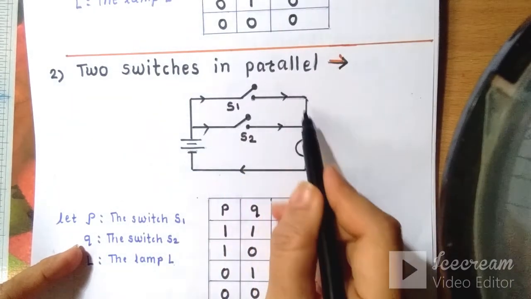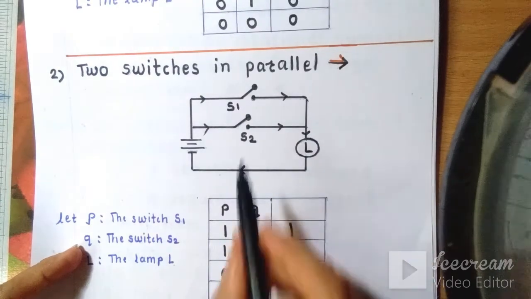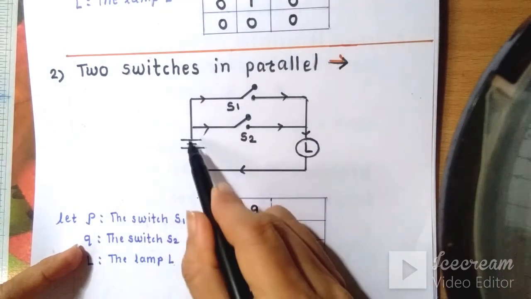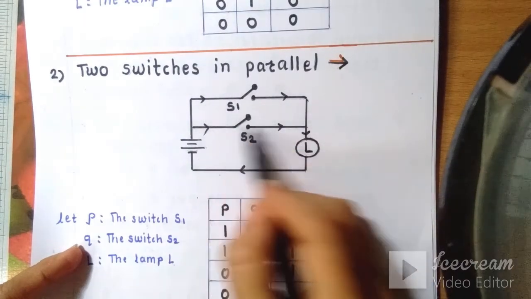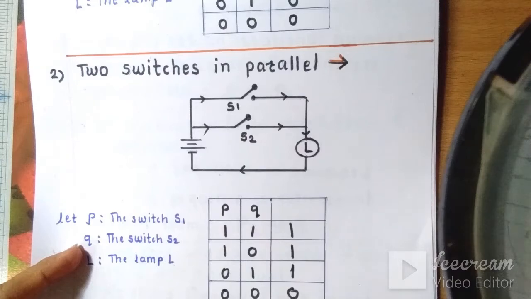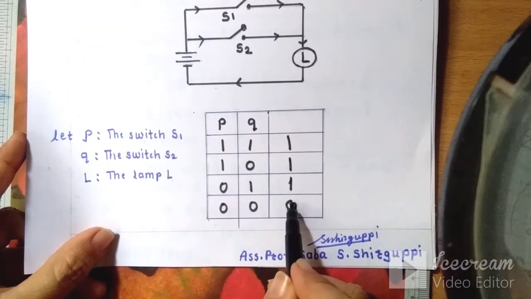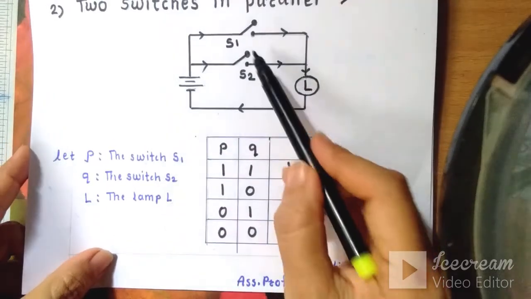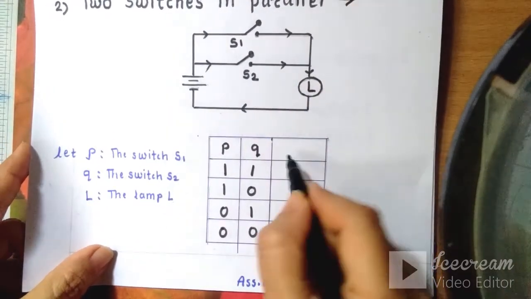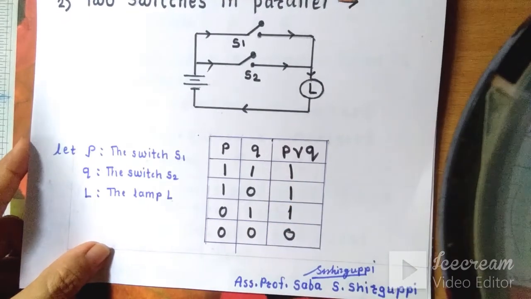First one on, S2 is off, then also lamp glows. S2 is on, then current will pass and lamp glows. Both are off, then the lamp does not glow. That means if both are 0 0, then 0, otherwise it is 1. That means when two switches are in parallel position, they behave like disjunction.